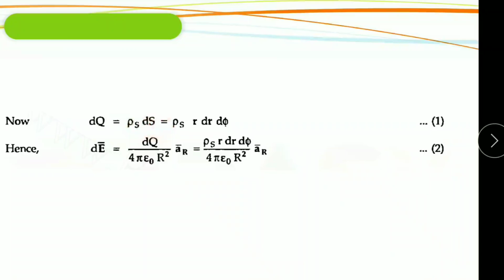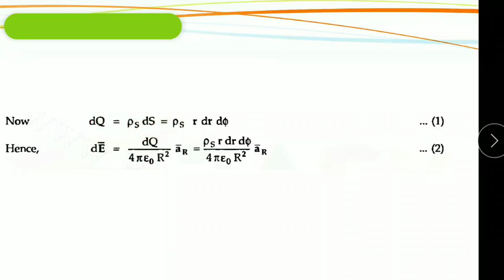Why? Because we have to take the cylindrical coordinate system. For a cylindrical coordinate system, the surface area for an xy plane, that means along the z direction, is equal to r dr d phi.